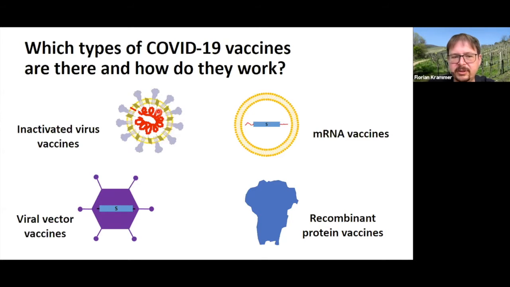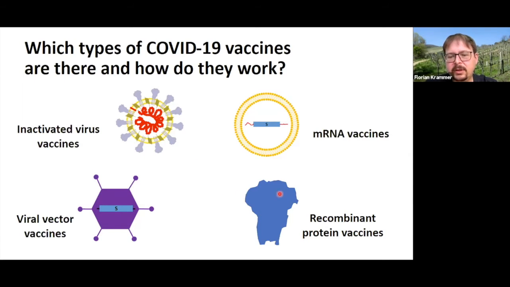It's a very old-fashioned way of making vaccines. Hep A vaccines and flu vaccines are made like that. These vaccines are currently not used in the US, but they are used in most parts of Latin America, in many Asian countries, also in African countries, and they are actually working relatively well.